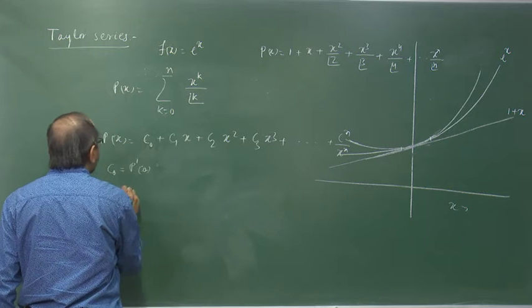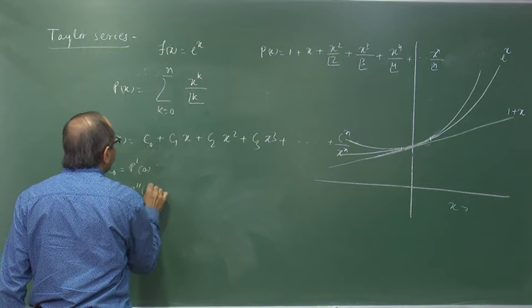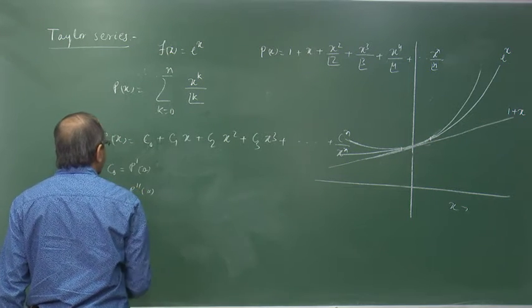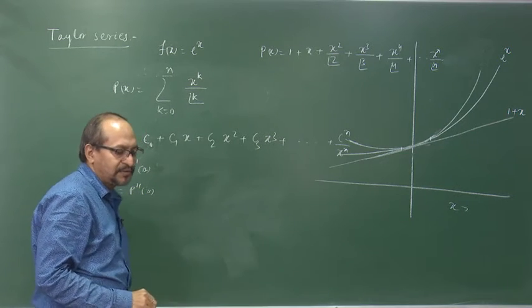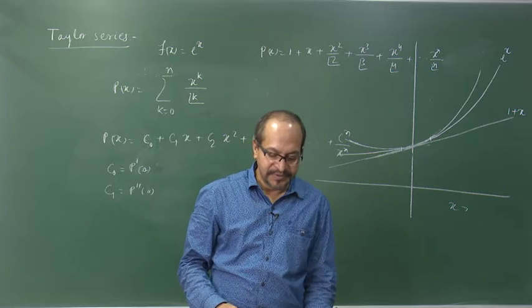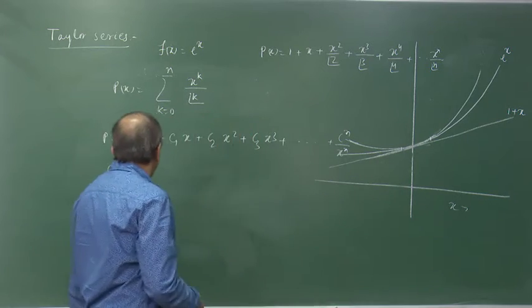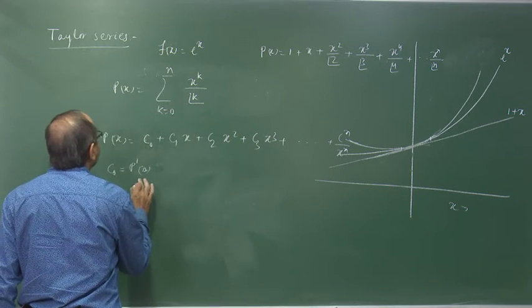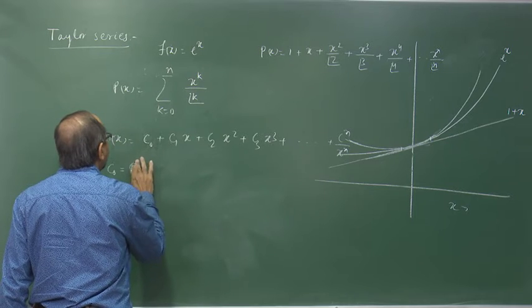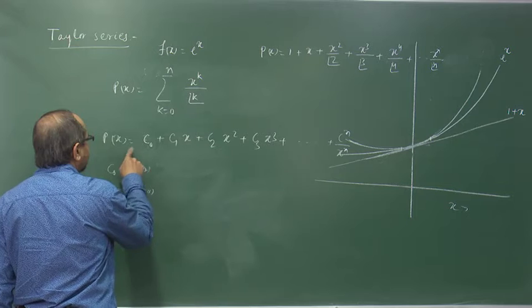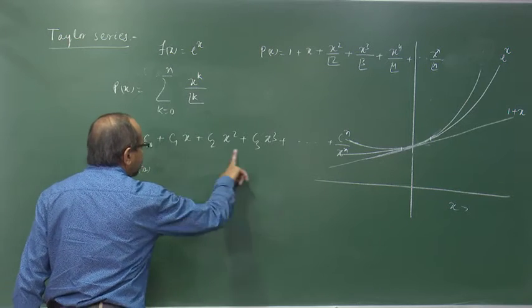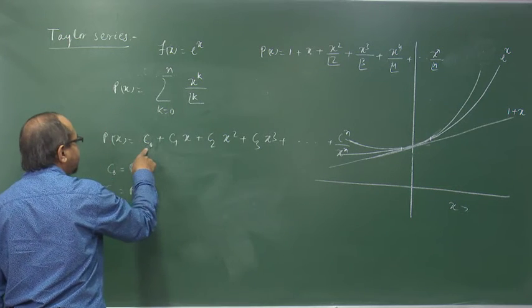Similarly, c1 is equal to p dash of 0. Because when we put x equal to 0, the other terms vanish, p of 0 is equal to c0.